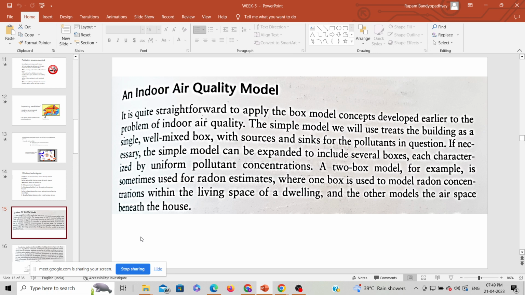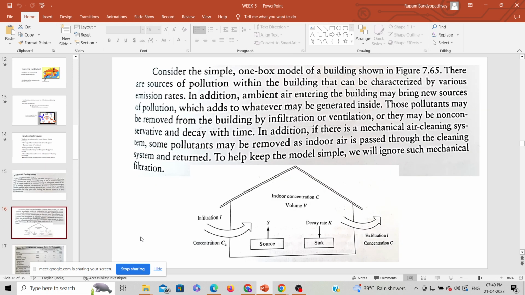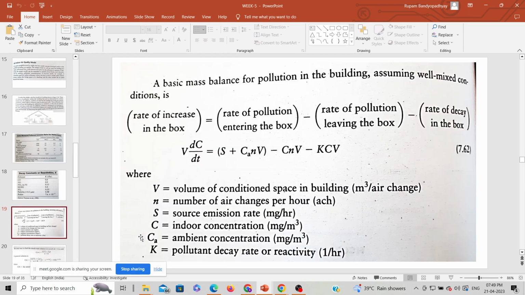Next is the indoor air quality model. I discussed the box model, a basic mass balance approach to derive the concentration of the pollutant. The rate of increase of pollutant in the box is equal to the rate of pollutant entering the box minus the rate of pollutant leaving the box minus the rate of decay in the box.